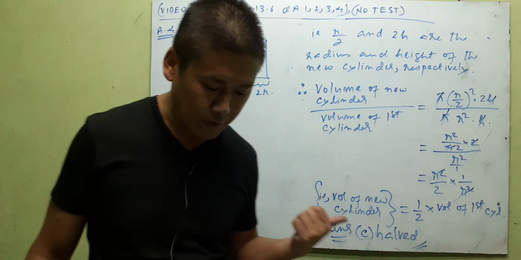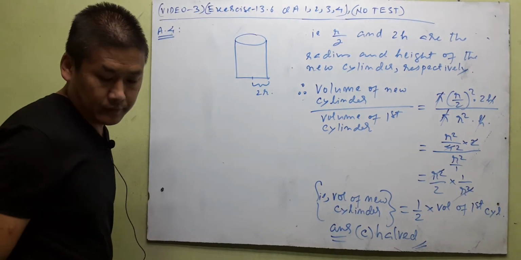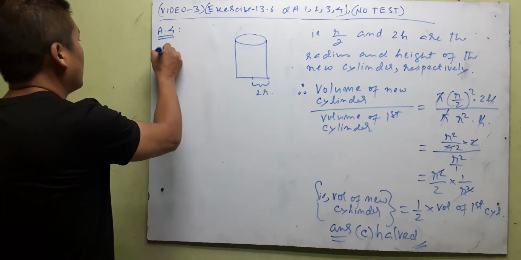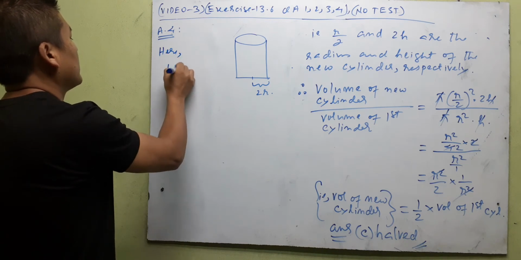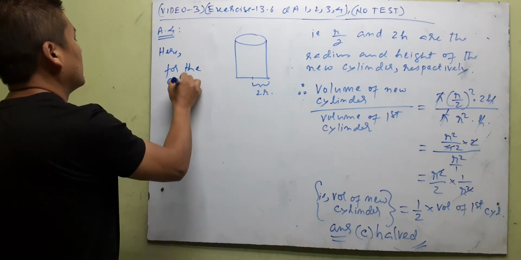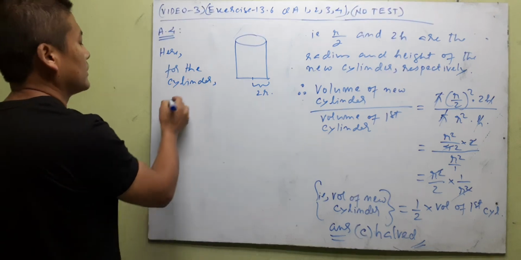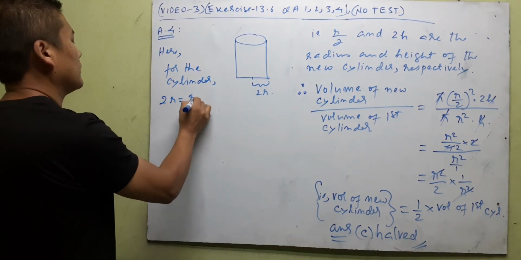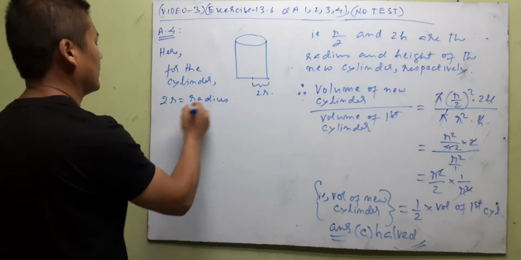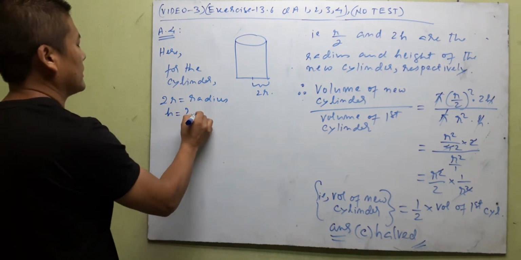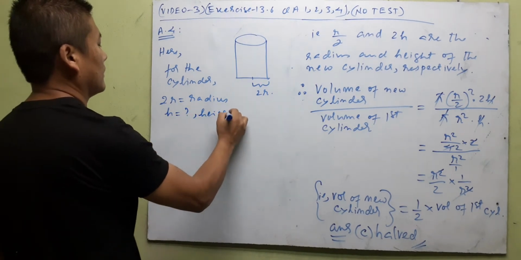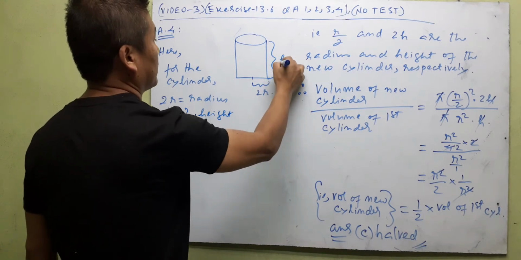Volume of the cylinder will be what then? So let us do that. For this cylinder that is mentioned in the question, 2r is equal to radius, very clearly directly given, and h equal to question mark is the height, let us say. So this is the height that we don't know anything about.